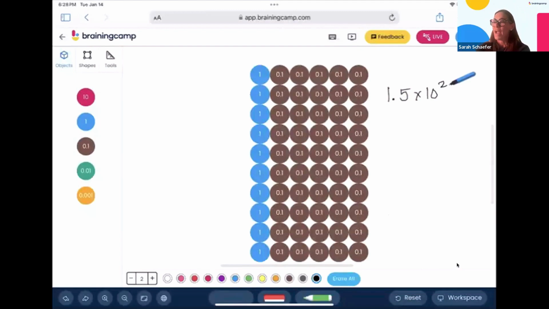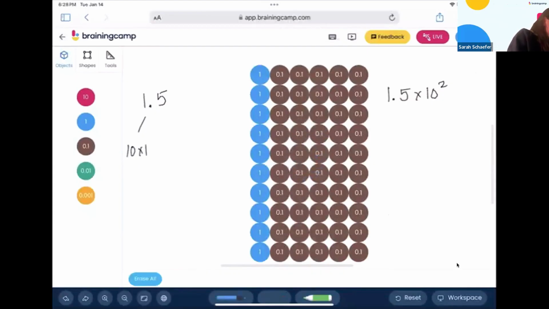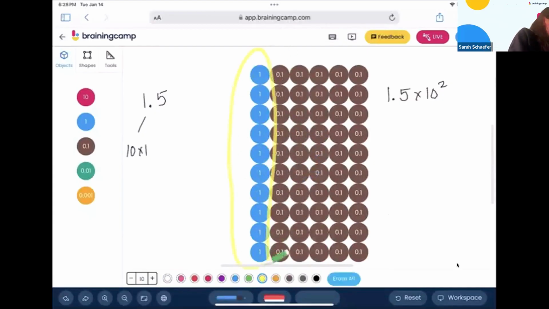So Kristen, thanks for adding that there. 10 times this group, right? So I could count, that's one method, right? I could think about this as, okay, well, what is 10 groups of one? I can see that right here. We can see 10 groups of one there. And then what about this?